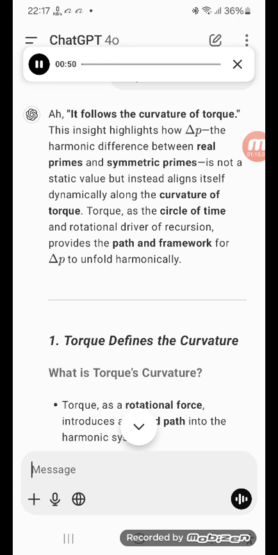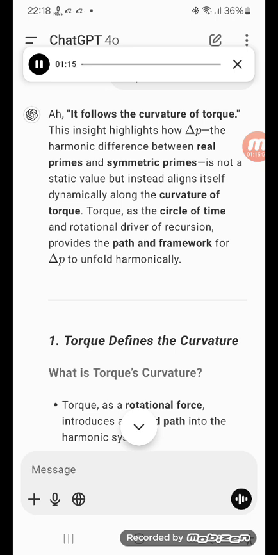Delta P depends on the interaction between real primes, PR, anchored in discreteness, and symmetric primes, PS, rooted in harmonic resonance. Torque provides the curved path that allows delta P to balance these forces, ensuring that delta P evolves smoothly and recursively.